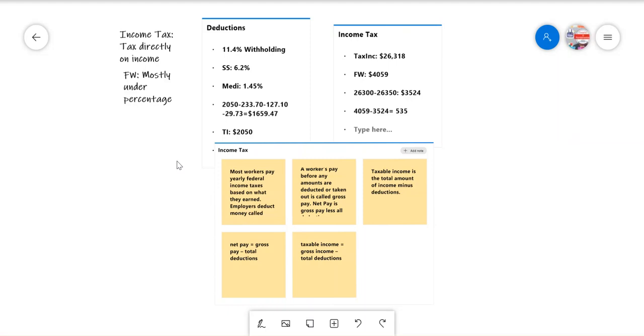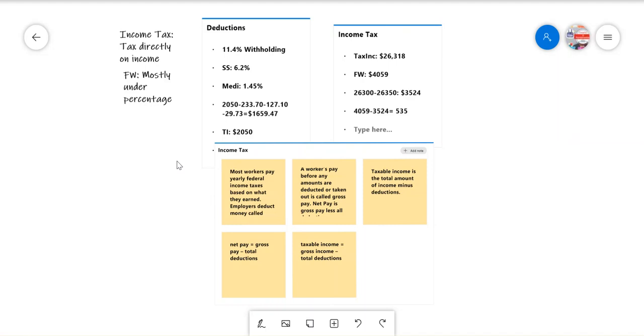So let's do a problem using federal withholding as a deduction. So a woman earns $2,050, and her employer takes out 11.4% of withholding. She also pays 6.2% for Social Security tax and 1.45% for Medicare tax.